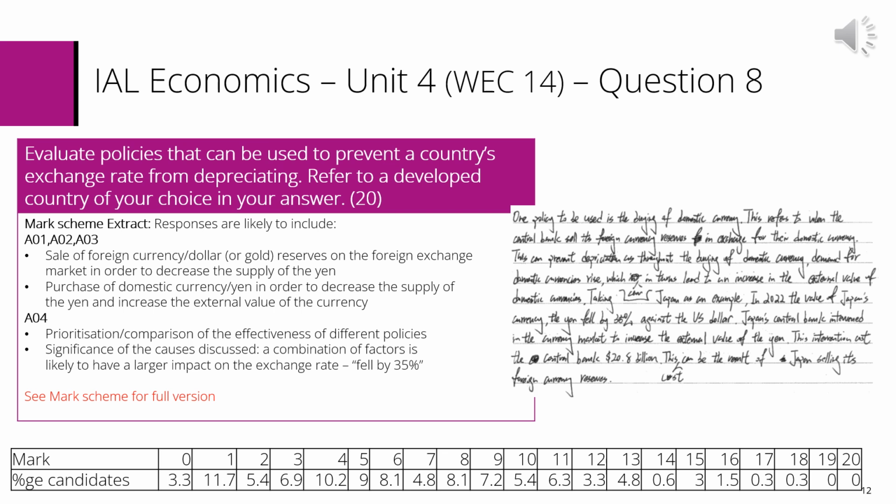Reasons for poor performance here were many. The first reason may have been that for level 4 responses, students should have referred to a developed country, with many responses failing to do this. Next, chains of reasoning were not developed by 3 or more points. Therefore, even better answers were only getting to level 2.